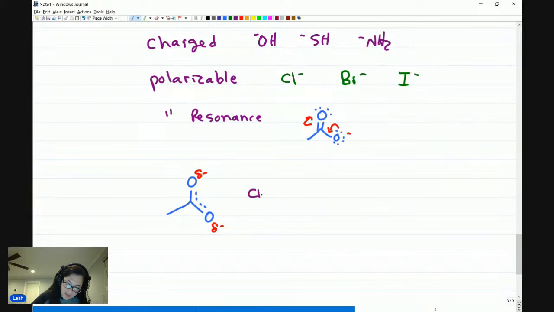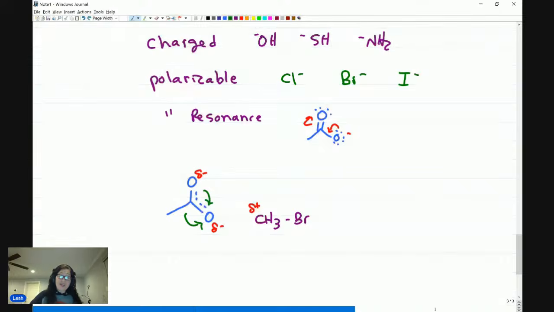But I bring something very partially positive nearby, like this carbon. If I have this next to a resonating molecule, then all the negativity will now come down towards this oxygen so it can concentrate and attack. And common ones that you're going to see are this right here and N3 minus. The azide anion is another one that you want to look out for.